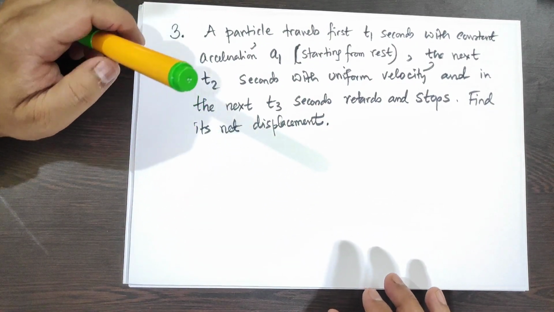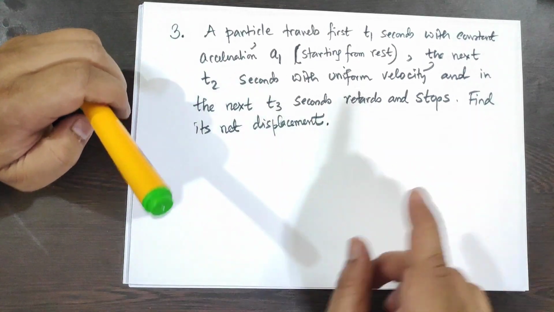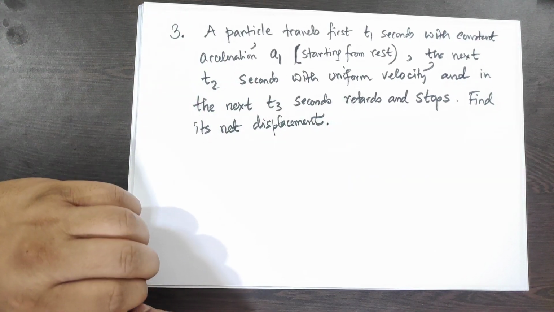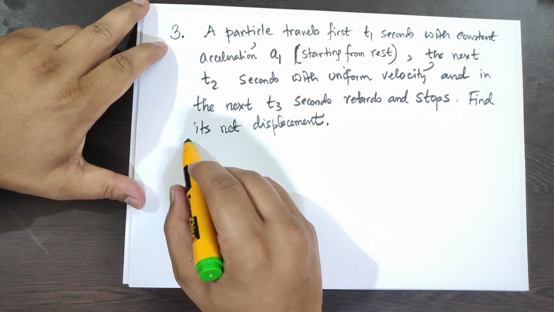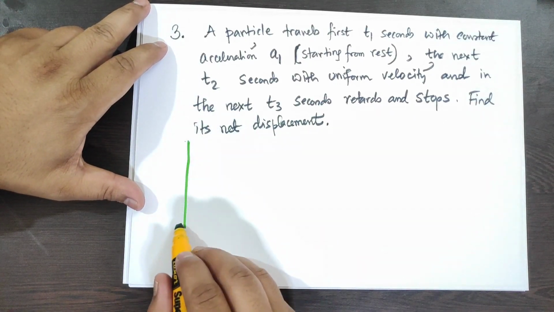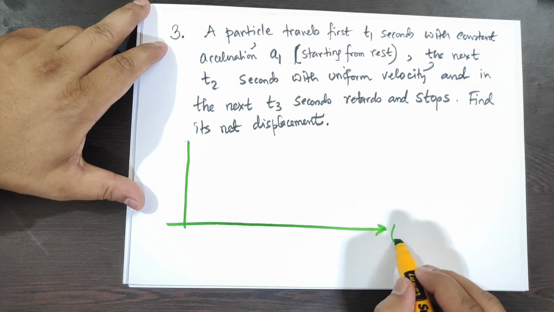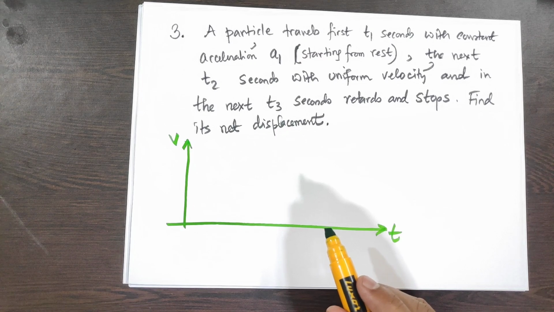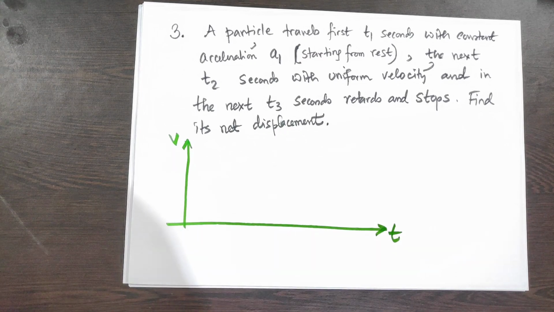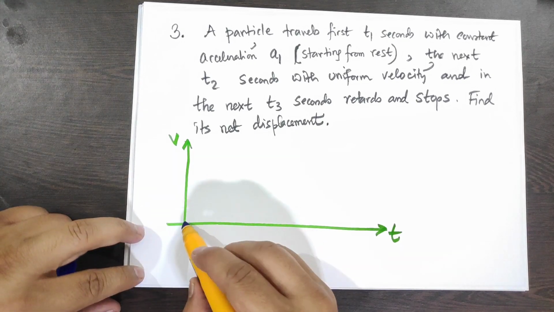You know, if it is constant acceleration, then the v-t graph is a straight line, and this acceleration is nothing but the slope of that straight line, the slope of the v-t curve. So this is V and T. It starts from rest here.